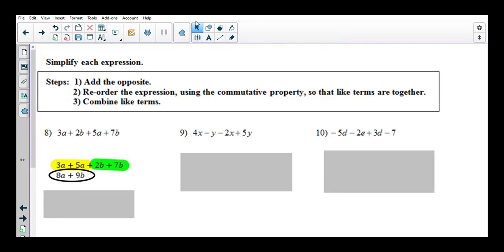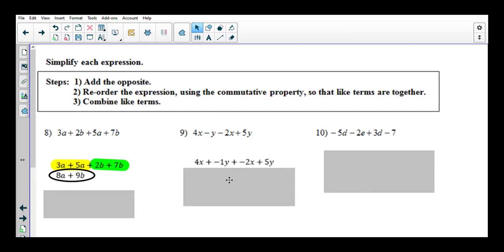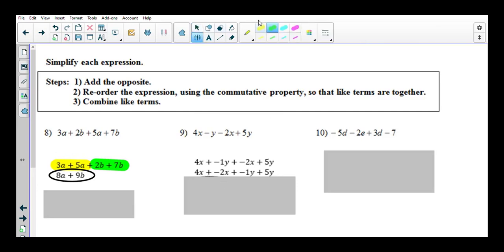Number 9, we should add the opposite here. This will become 4x plus -1y plus -2x plus 5y. Now, put the x's side by side. 4x plus -2x plus -1y plus 5y. Now, this is where you might need your calculator with these negatives. Feel free to plug 4 plus -2 into your calculator for the x's. 4 plus -2 is 2.